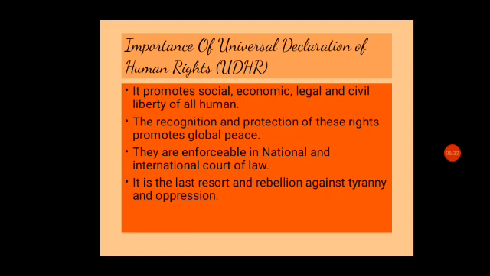So the United Nations General Assembly had to form one body in order to promote peace in the world and keep everybody back to their position, to know where they belong. So they later came up with the Declaration of Human Rights, which was adopted on the 10th December 1948.